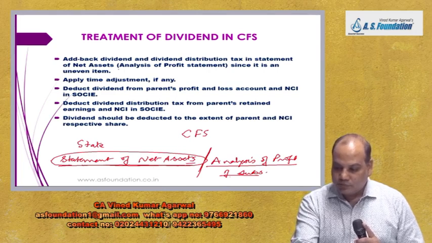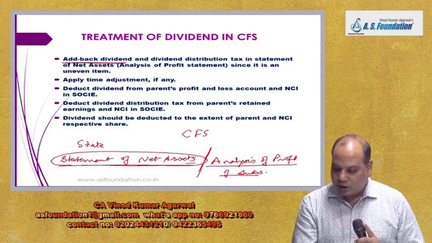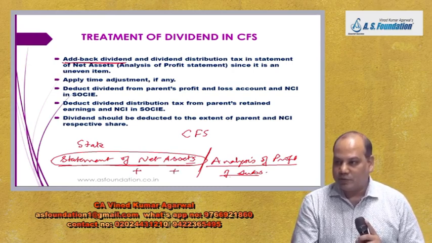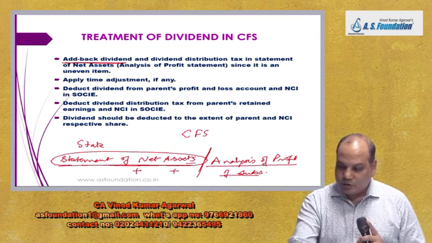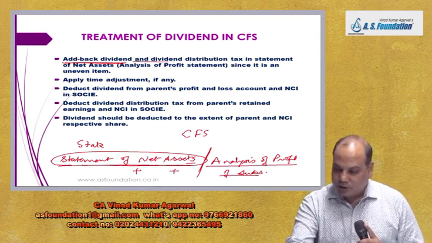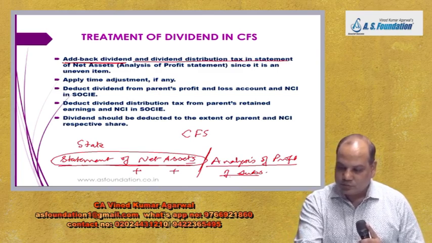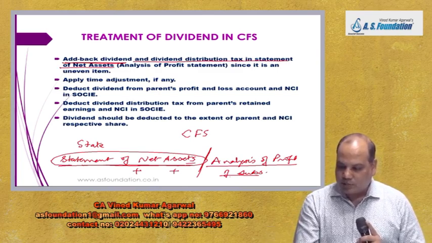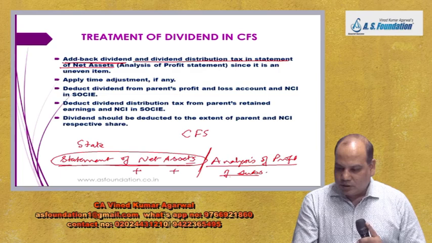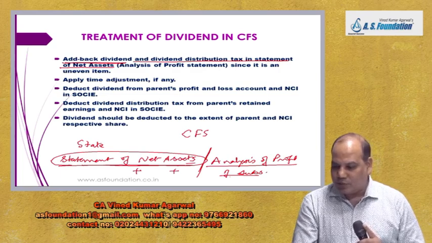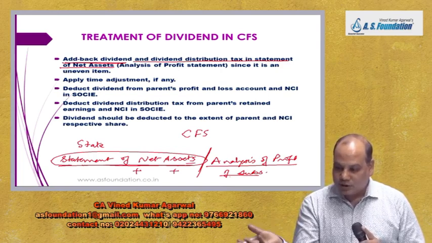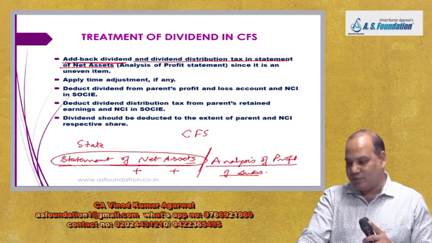Now what I'll do, if the subsidiary has paid dividend, I will add back dividend, whichever year they have used that profit. Okay. And if they have paid dividend distribution tax also, that also I'll add back in analysis of profit statement or statement of net asset. Some authors write statement of net asset, some authors write analysis of profit statement.